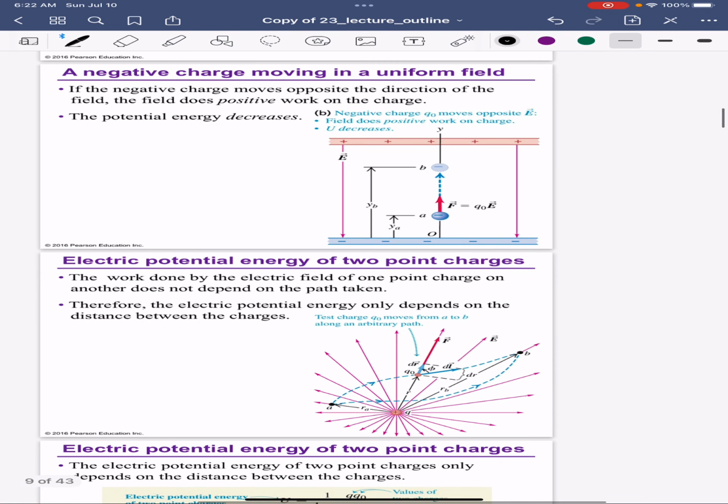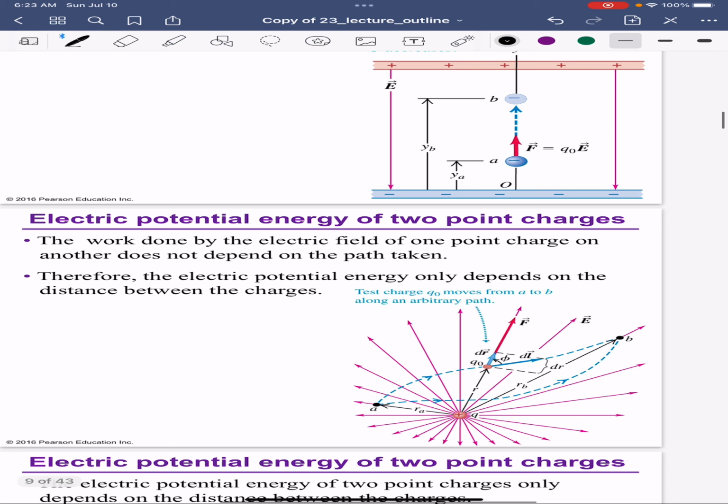Now, let's say we have 2 point charges. If you look at the picture here, this is Q, the source, and Q0 here is the test charge.